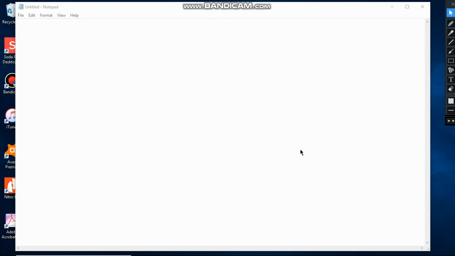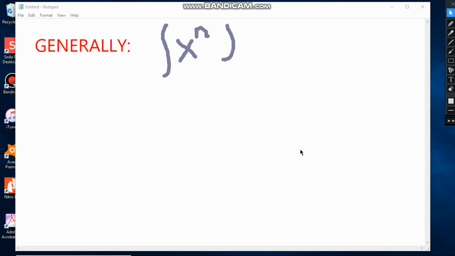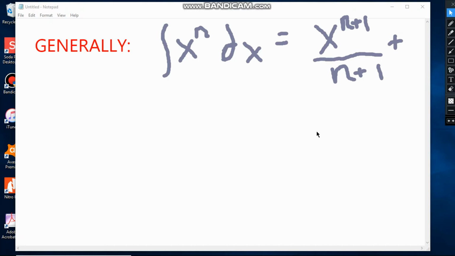Generally, the integral of x raised to n dx is equal to, first we add 1 to the power and second we divide by the result of adding 1, and we add a constant.